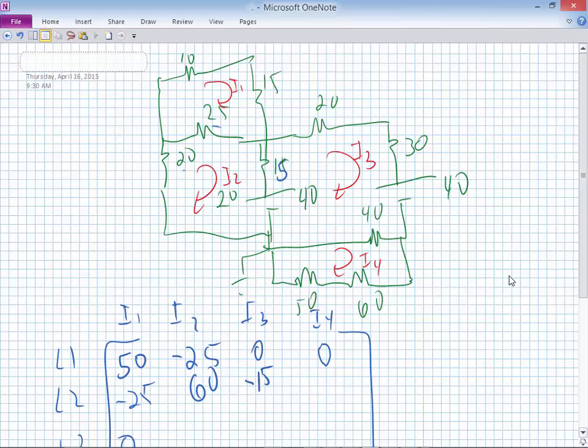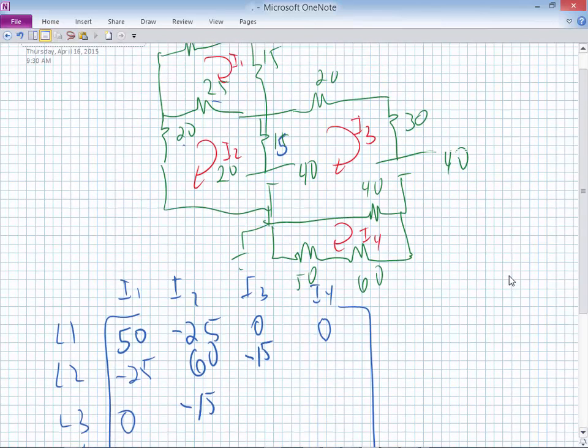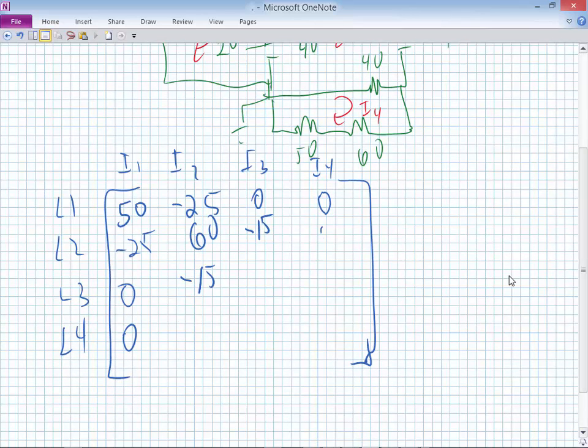Now remember, as I do a row, I can do a column, so I put that right here. I write that twice. Between loop 2 and loop 4, there's nothing in common. Here's loop 2 going around here, here's loop 4 going around here. We have no resistors in common, so we put a 0 here.